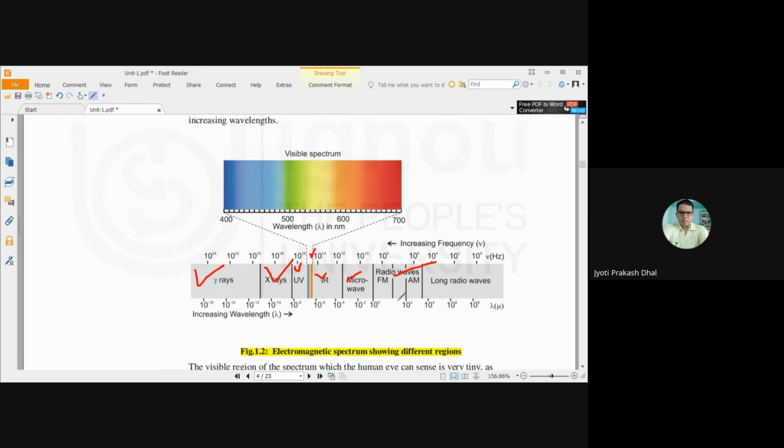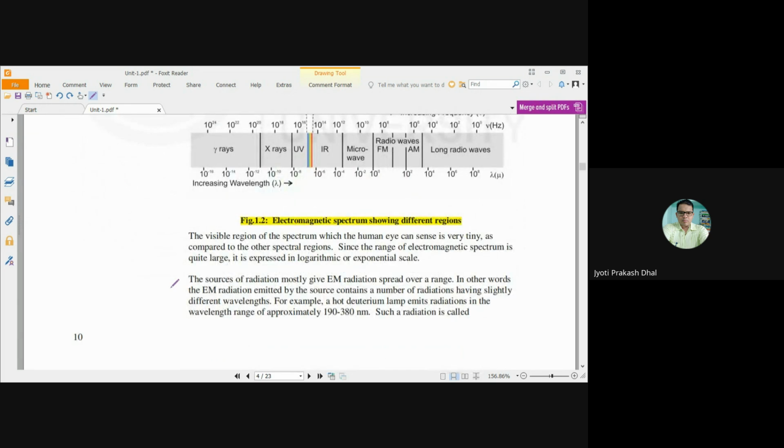If we zoom into the visible radiation, the wavelength ranges from 400 nanometer to 700 nanometer. In this visible spectrum you can see different colors, that is VIBGYOR. Apart from this visible range, all the remaining electromagnetic radiations are colorless.